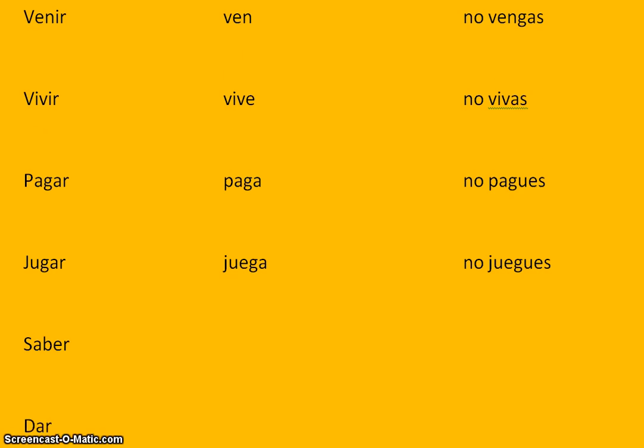Okay, and then I'm going to give you about 5 more verbs, and then I want you to do those in your spiral, and then you figure out what you need to do to them. Okay, well, how about saber, dar. How about empezar?